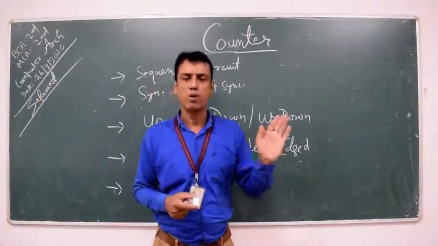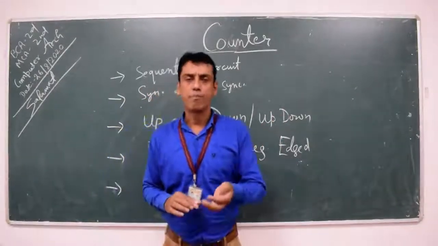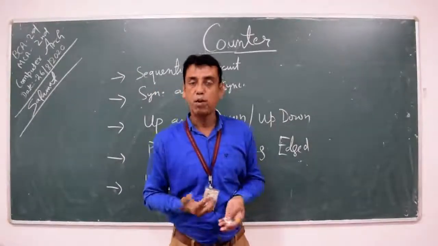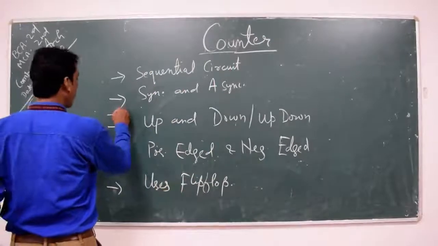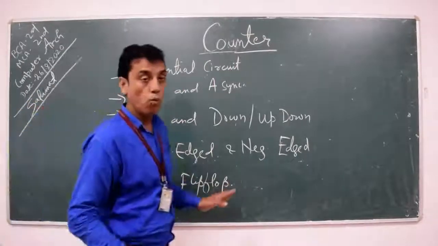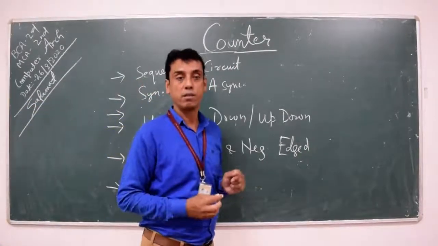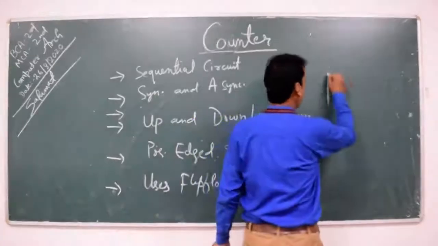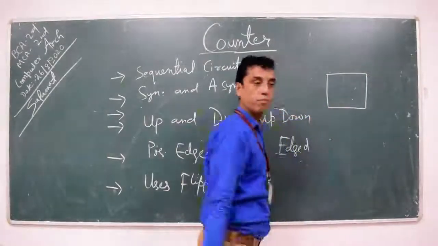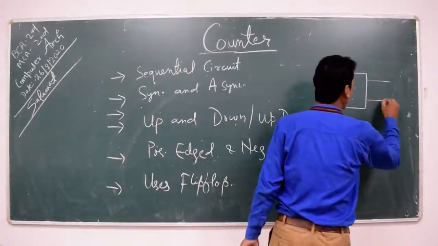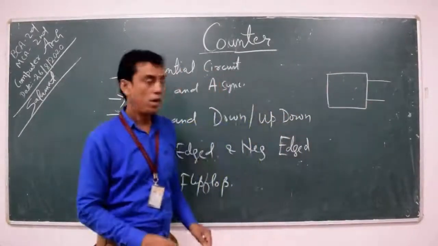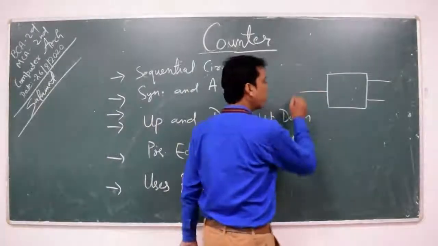We can understand what is up and down counter. First of all, one important point about the counter is, what is the purpose of this circuit? See, this is the block diagram of a counter. Suppose there are two output lines, and this is a trigger line.